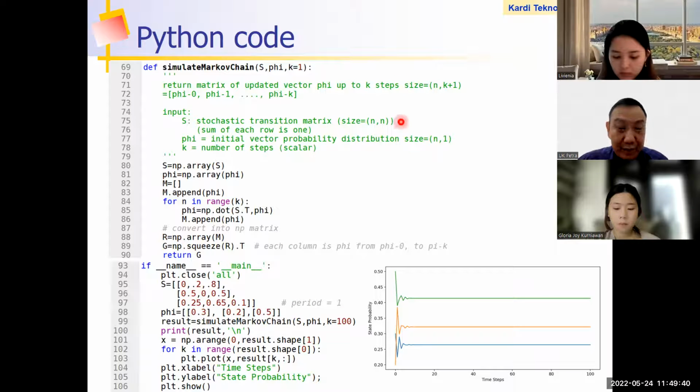Okay, try this. You can open your Spyder and type this.